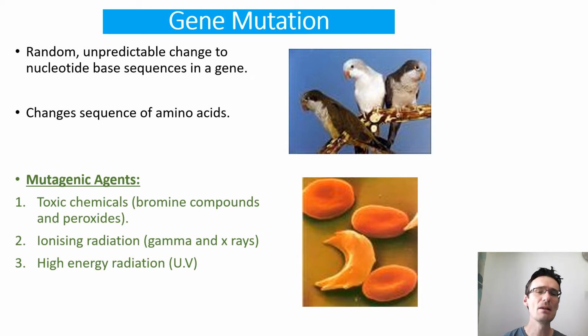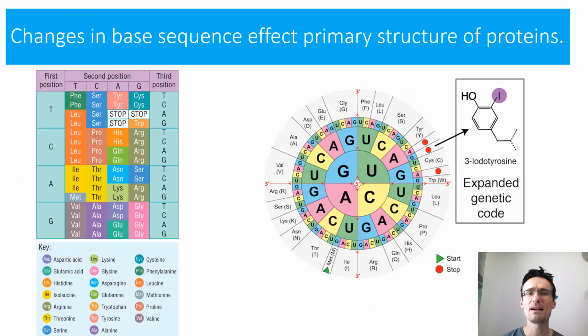So let's keep going. What actually happens? We said it's a change in the base sequence, therefore effectively changing the primary structure of the amino acids. As we've done in recent videos, there are two different ways of showing this, and I'm just going to stick to the circle one. If you've got UCC, that is serine.